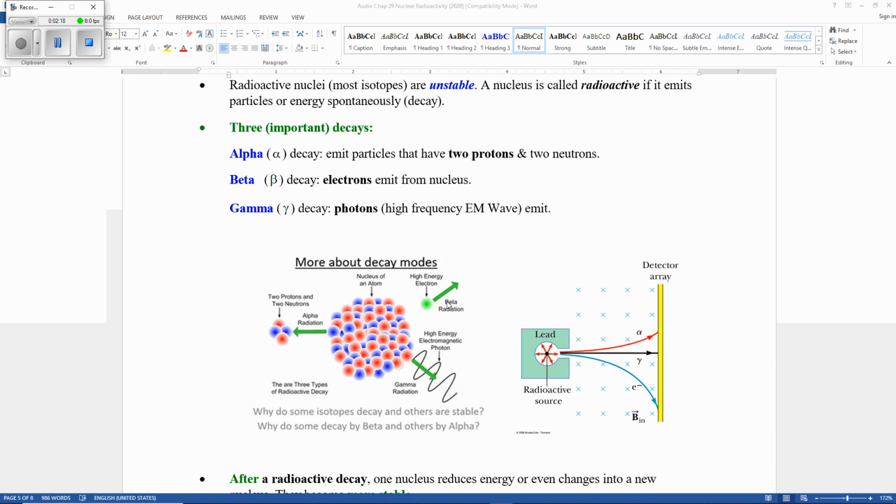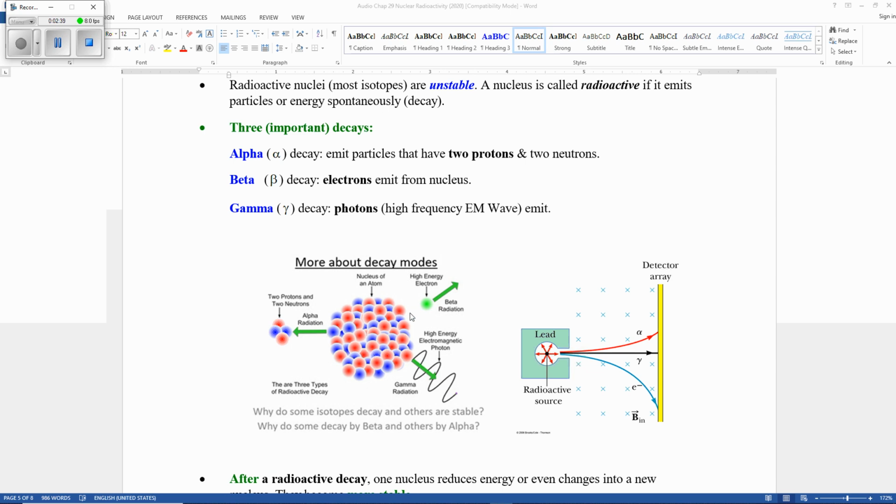And sometimes you're going to see beta decay. In beta decay, you find electrons come out. The electron is the beta particle. You may think we don't have an electron inside here, right? We only have protons and neutrons.